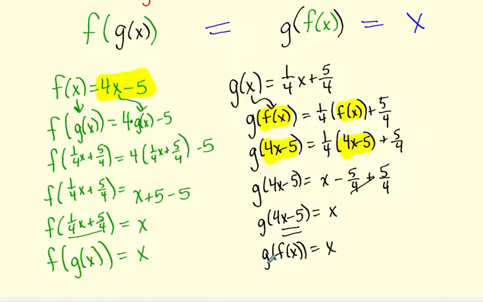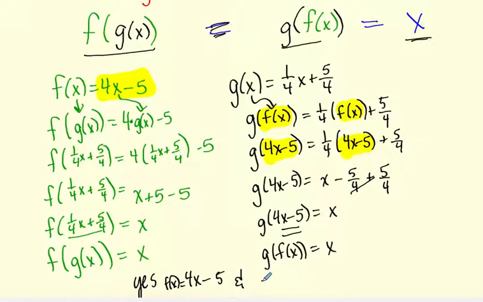So I have just shown that g of f of x equals x as well. So this has to equal x, this has to equal x, and obviously if both of them equal x, they both equal each other. So the answer is yes, these two are inverses. So f of x equals 4x minus 5 and g of x, which equals 1/4 x plus 5/4, are inverses of each other.